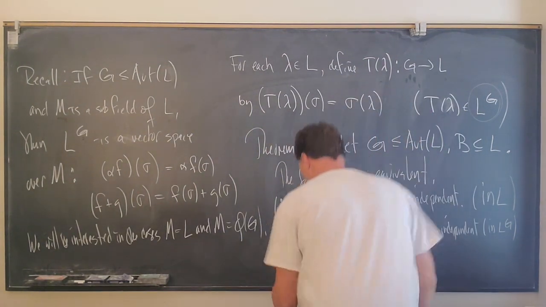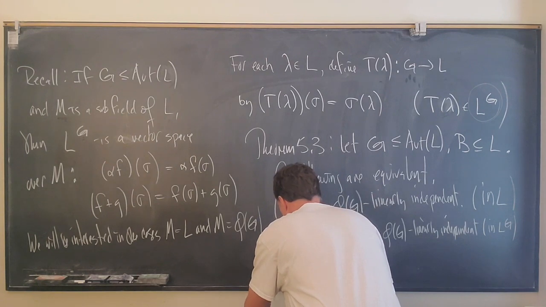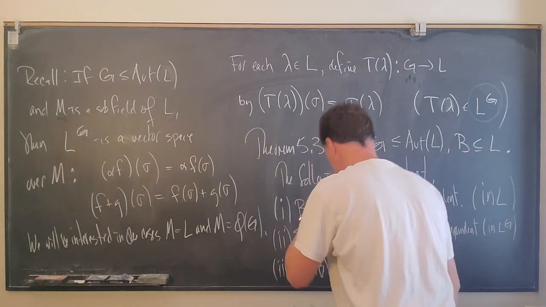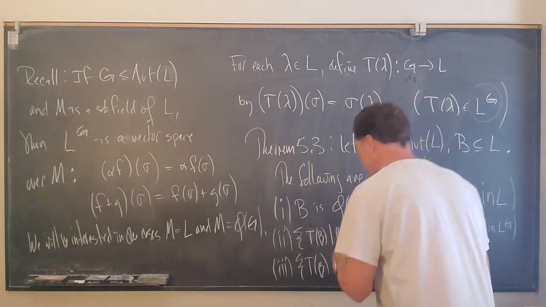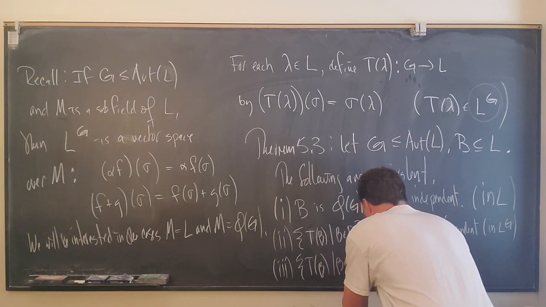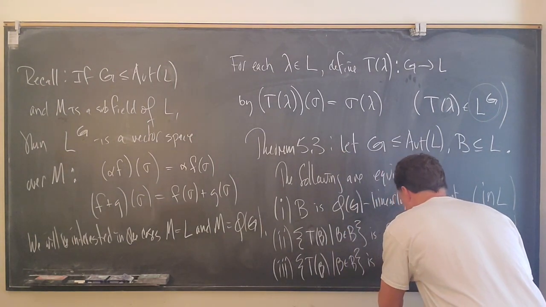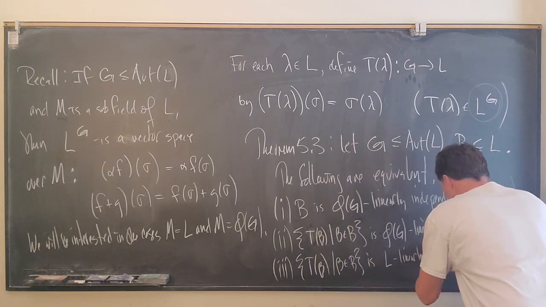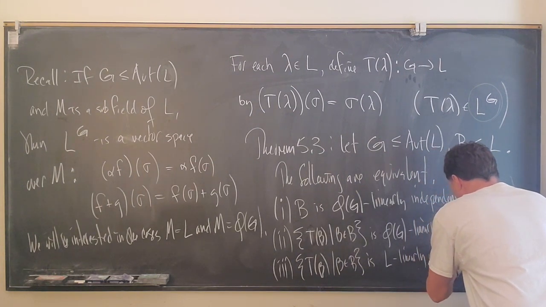And then the last part is that the set T of beta, where beta runs through all of B, is L linearly independent.